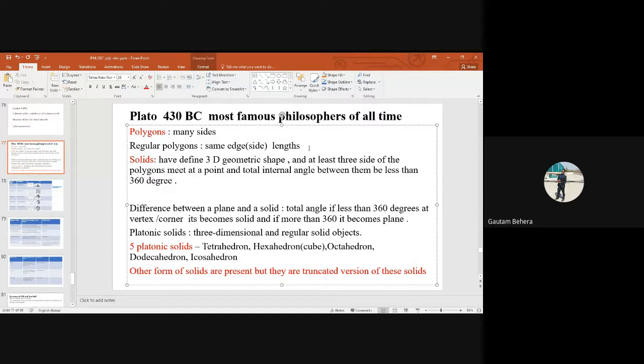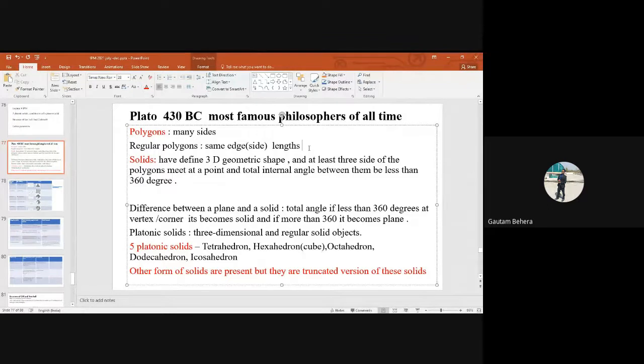In an equilateral triangle all the 3 sides, or you can say all the 3 edges, are the same, right? The square is again a regular polygon. Similarly, a pentagon, again all edge lengths are the same. They are regular. That means the edge lengths are the same.